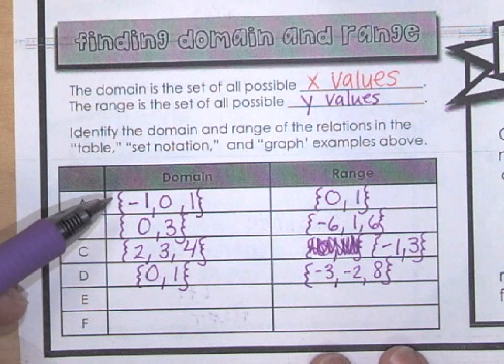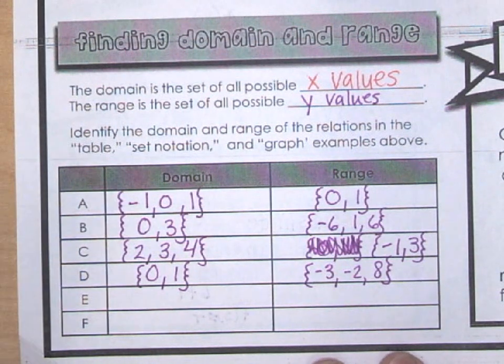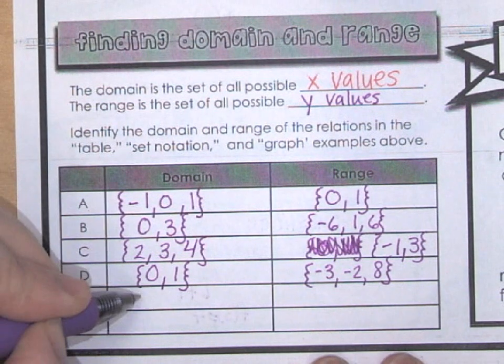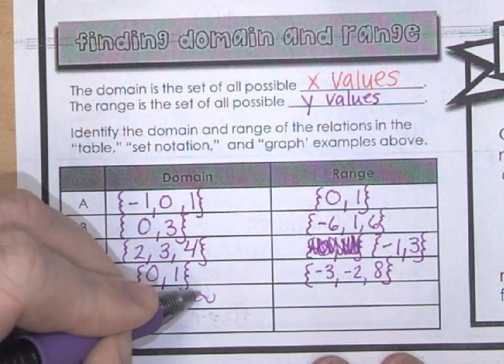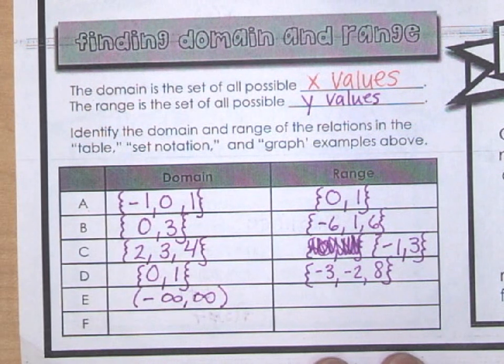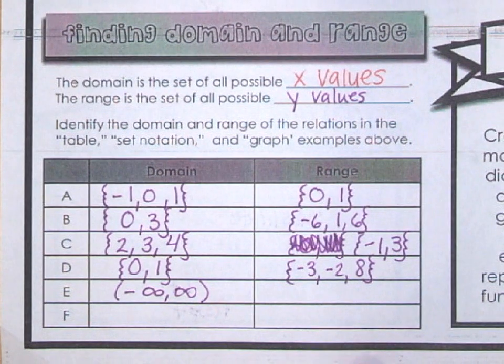So here we don't use the brackets, we use parentheses, and we go from -infinity to positive infinity. And again, this is because all possible x values can be used in this graph. I know this because of the arrows on the end of the graph.